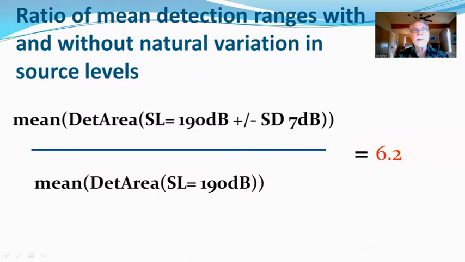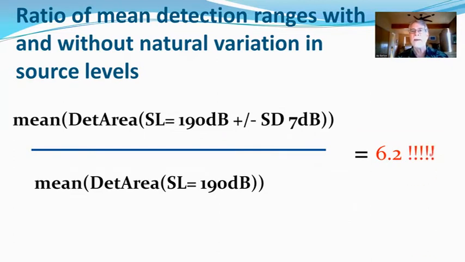So I estimated what the mean detection range was with and without natural variation in source levels, and I took the ratio of those two. So the mean detection area with variance in source level, normally distributed, over the mean detection area with a constant source level, and that ratio is 6.2.